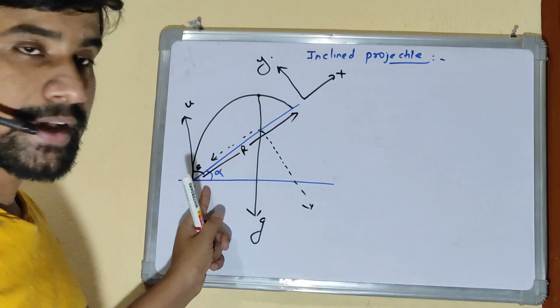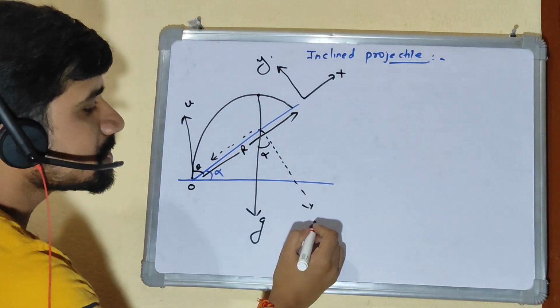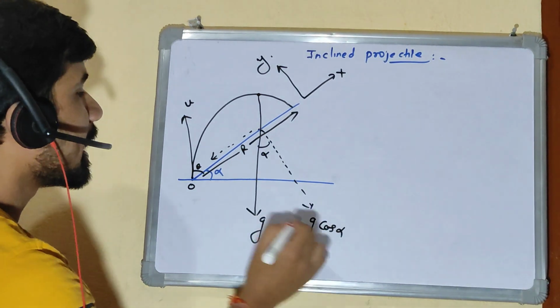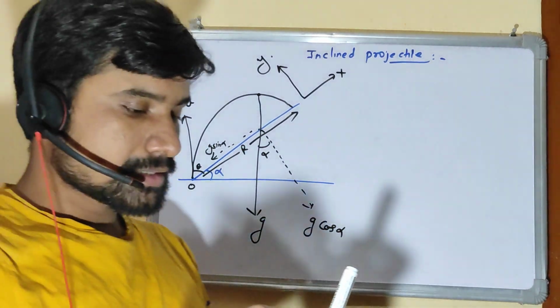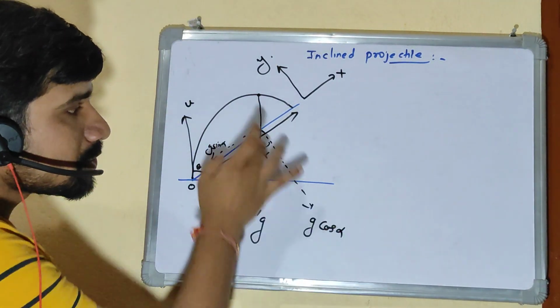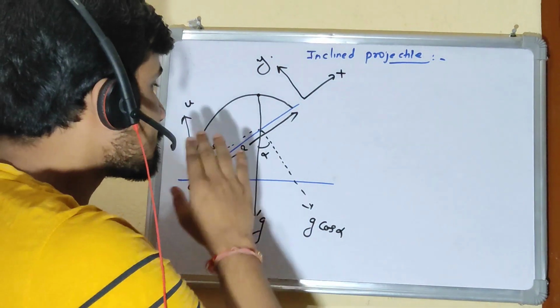You see, this is alpha, this is 90, this is 90 minus alpha, and this angle is again alpha. So this will be g cos alpha, and this will be g sin alpha. The component which is normal to this inclined plane is g cos alpha, and the component along the surface of the plane is g sin alpha.